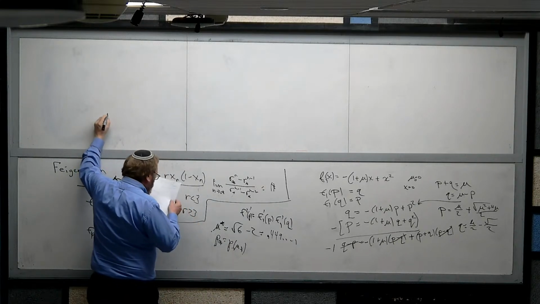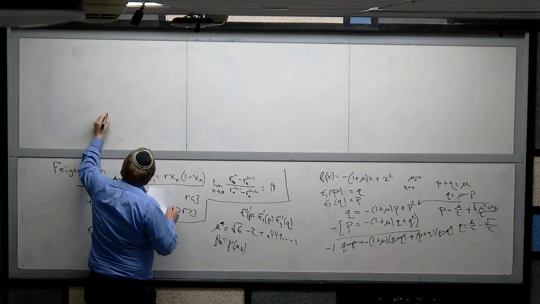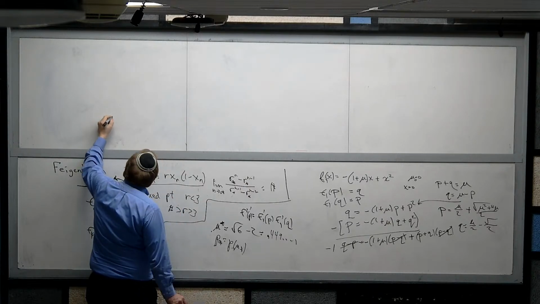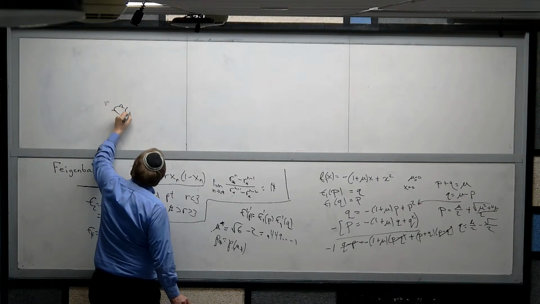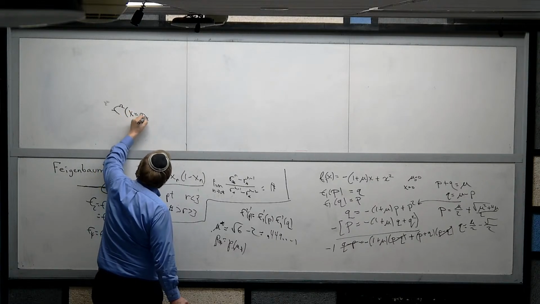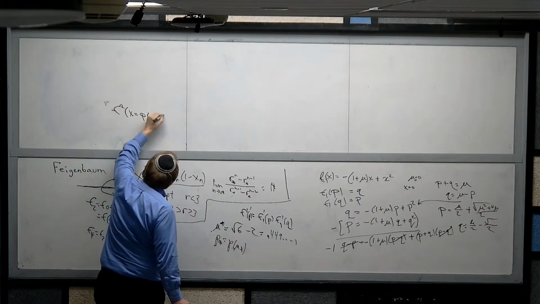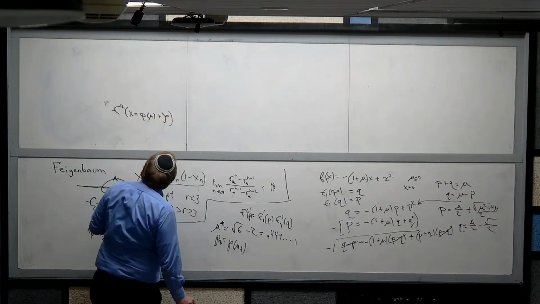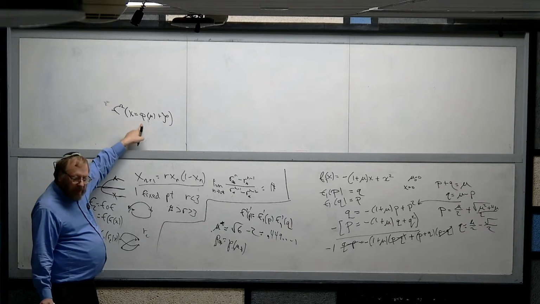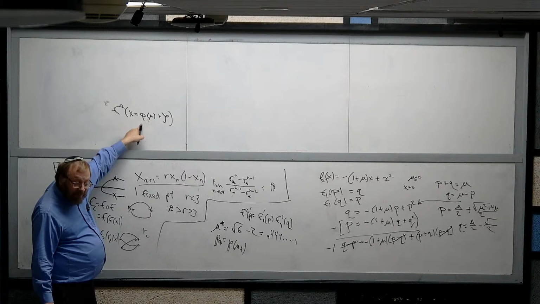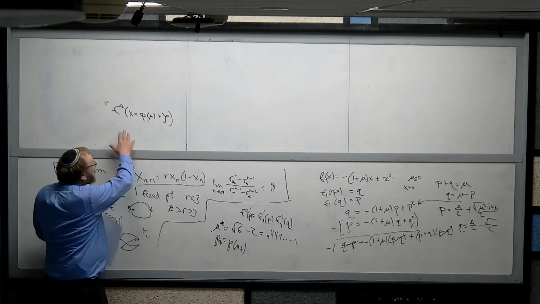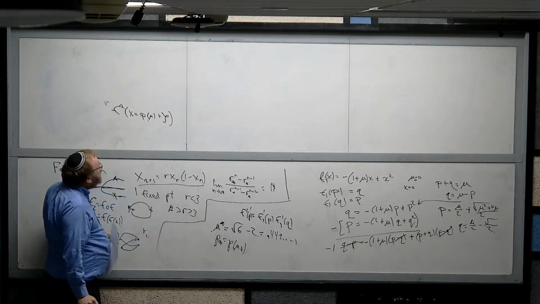What you do is you calculate F2 of x equals P plus P of mu plus zeta. Let's expand the map around x equals p.